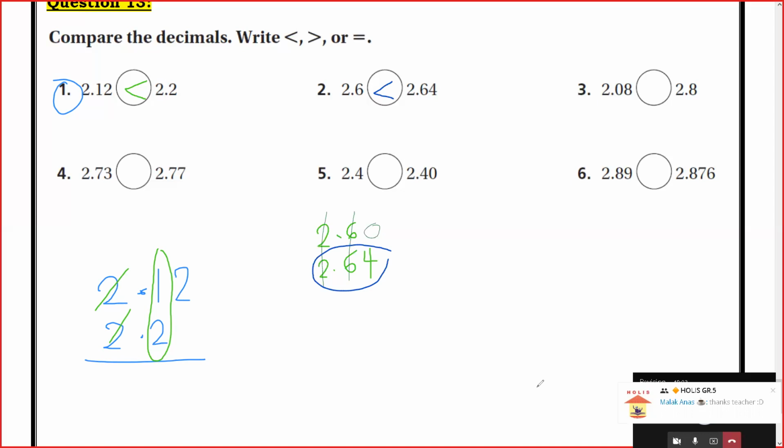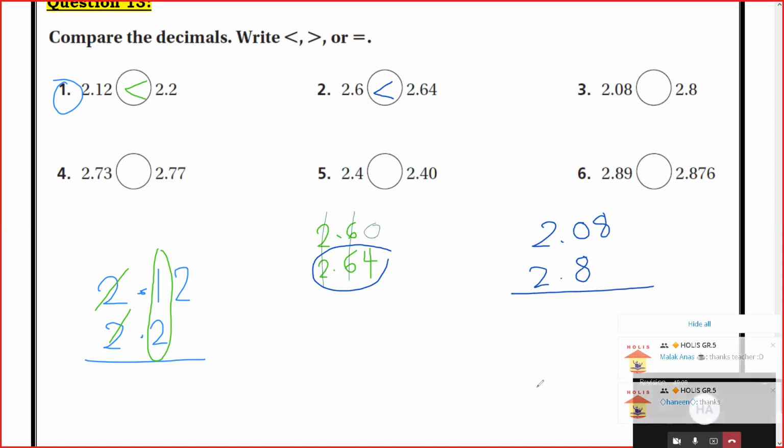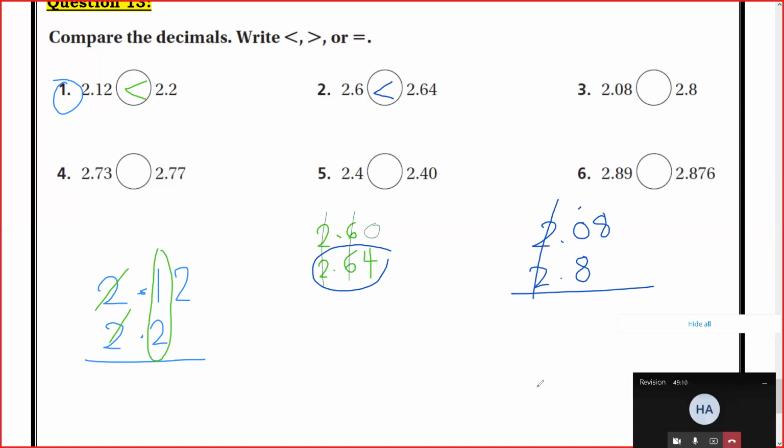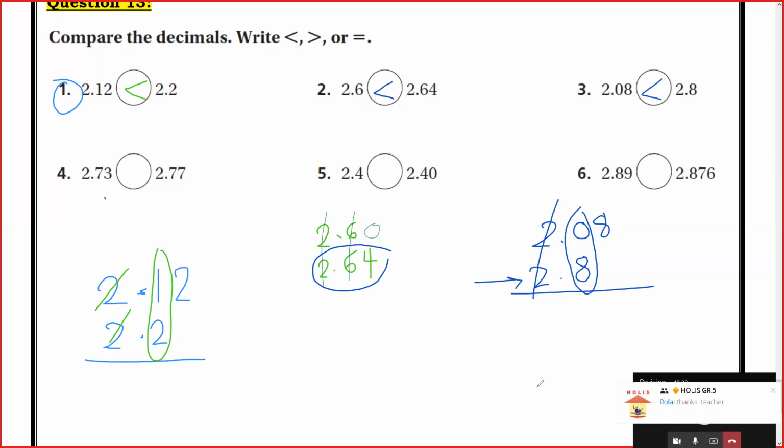Number 3 now. 2.08 and 2.8. Yalla. 2 with 2, 0 with 8. Bravo. Good job. Number 4. Yalla, I will give you the answer. 2.73 and 2.77.